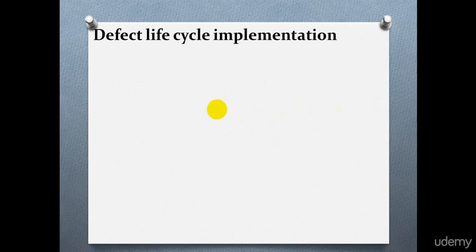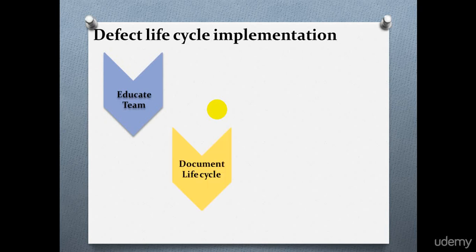Defect life cycle implementation. It is very important to educate the team on the defect life cycle. Also, make sure that the defect life cycle that you follow is well documented.